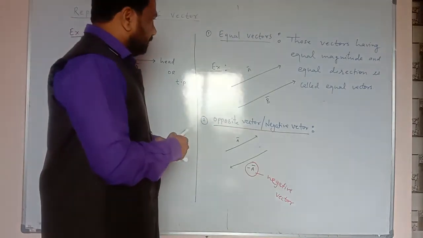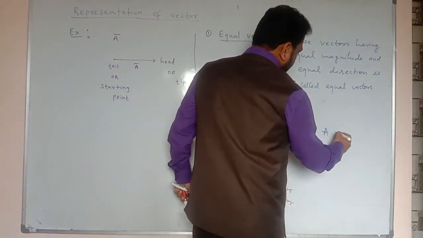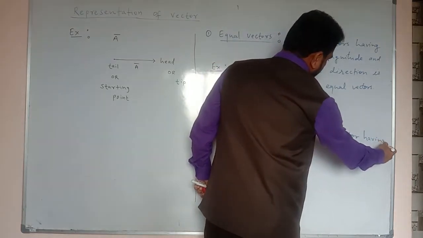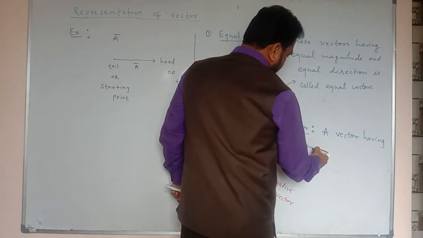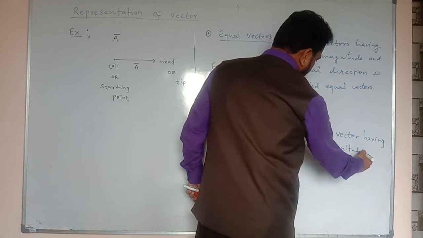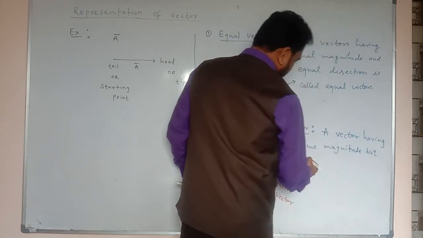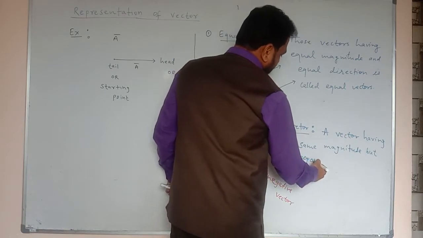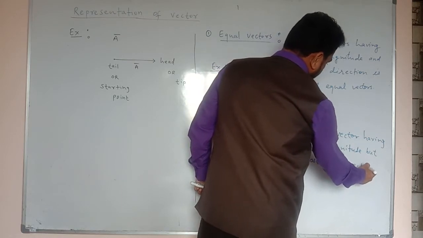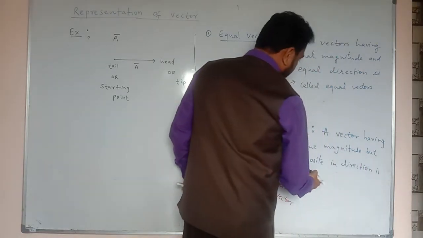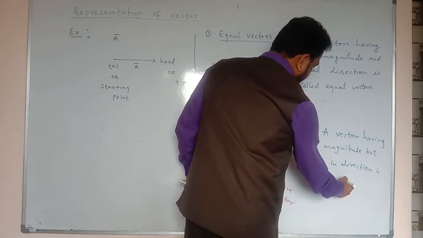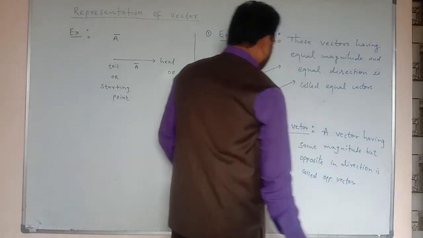So we can write here: a vector having the same magnitude but opposite in direction is called an opposite vector, or we can say a negative vector.